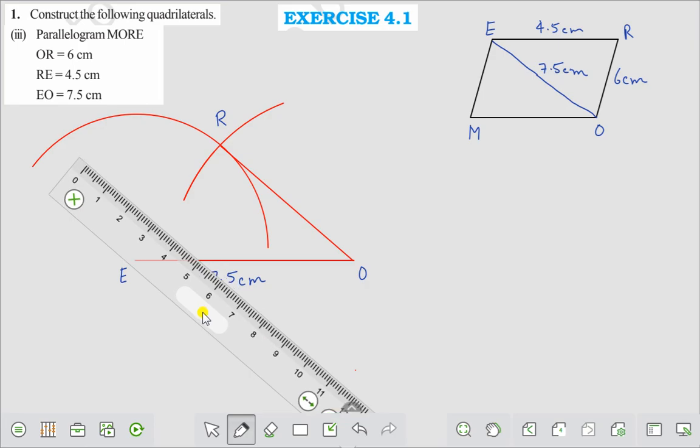Here RO is 6 centimeter. Let us write the length of this, it is 6 centimeter.